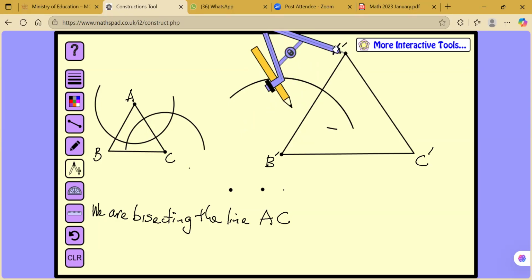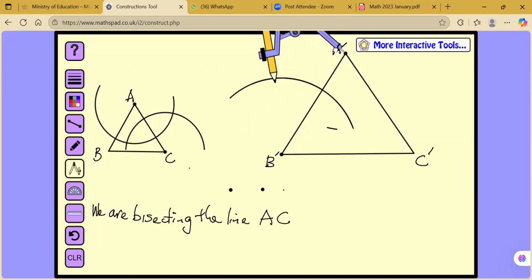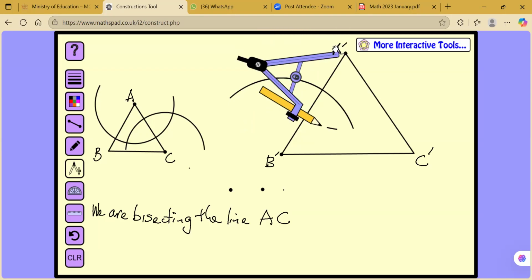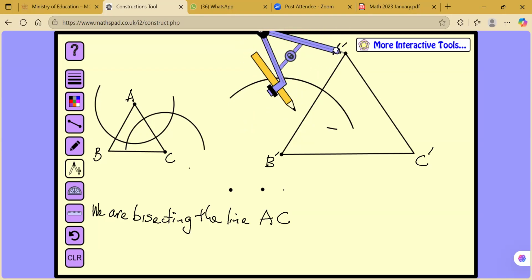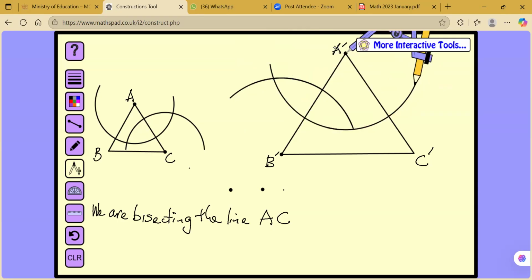Because it's way in the corner, it's not giving me the. Here it goes. Right. So where the two arcs cut, that's your point.